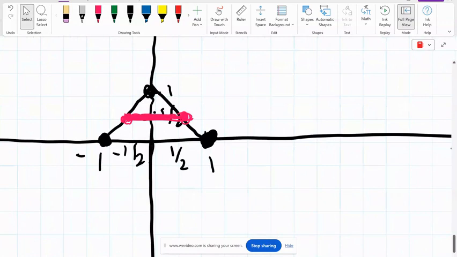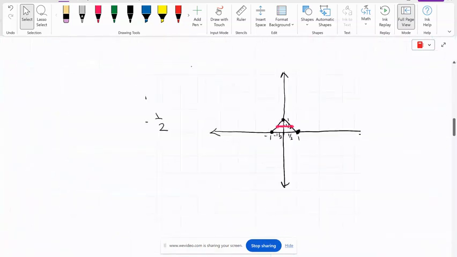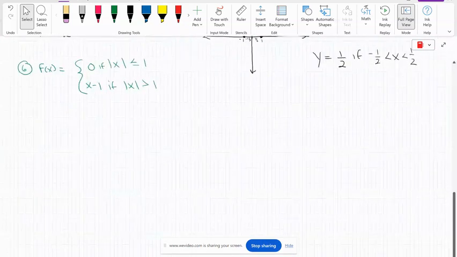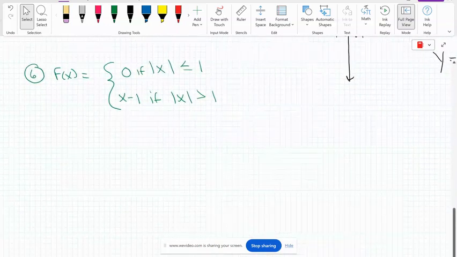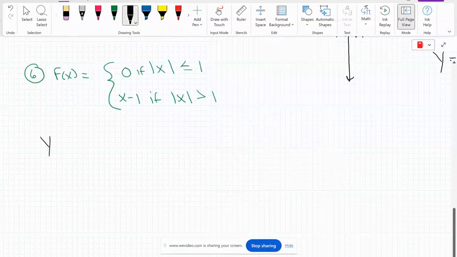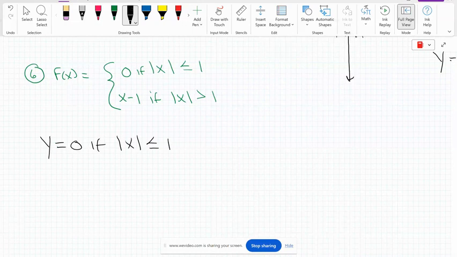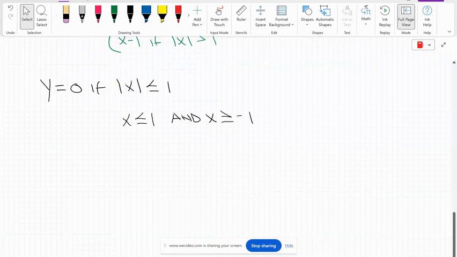All right, and the last problem for today. So the first one is going to be y is equal to 0 if the absolute value of x is less than or equal to 1. So this means x is less than or equal to 1. Is it an and or an or? And x is greater than or equal to negative 1. So because it's an and, we're going to write it all together. So x is in the middle.